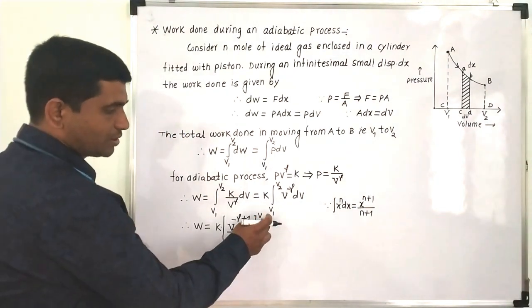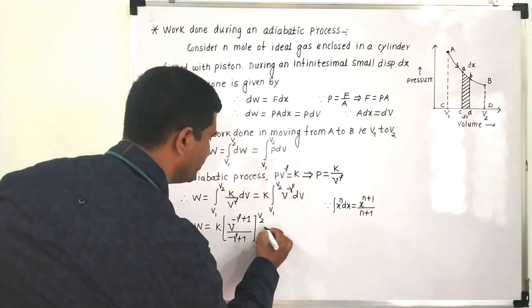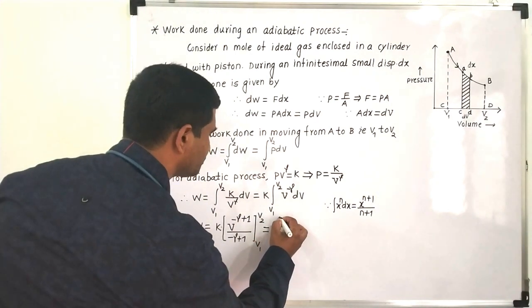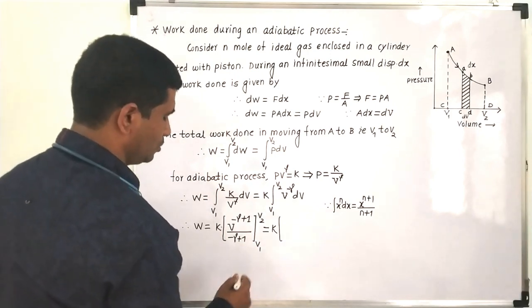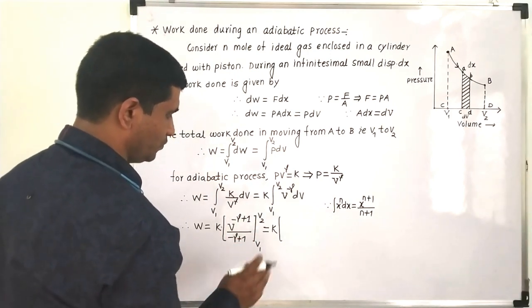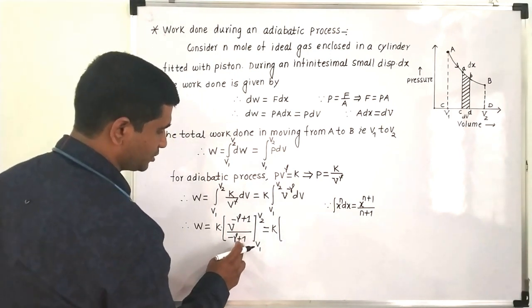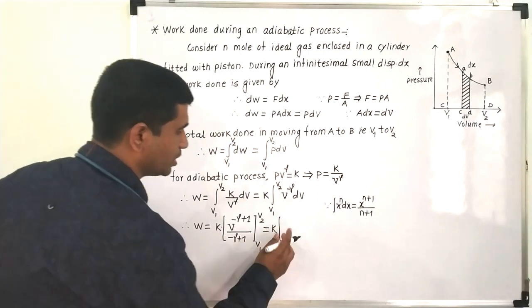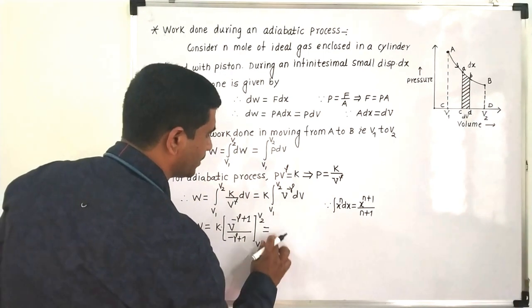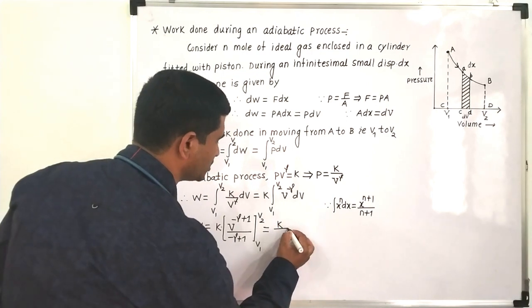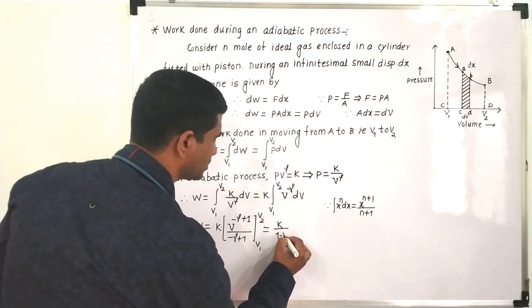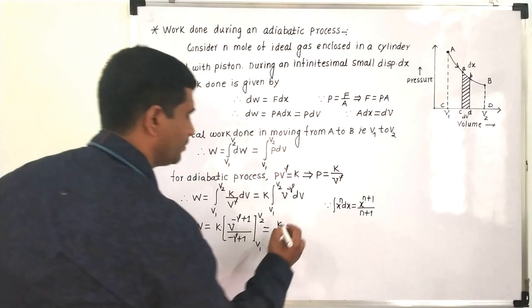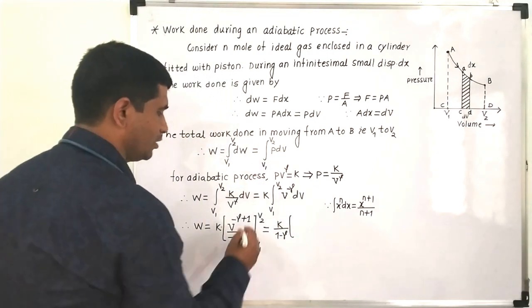Now we first substitute the upper limit and then the lower limit. So it is k in bracket. I can rewrite this expression: the minus gamma plus 1 I'll write outside the bracket as 1 minus gamma, and I'll give a bracket over here.